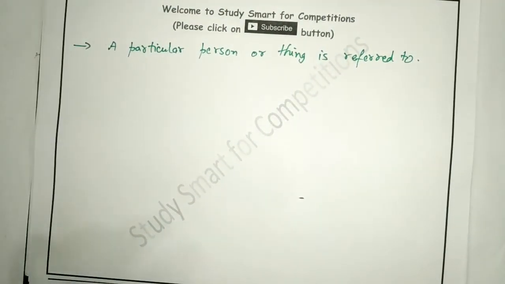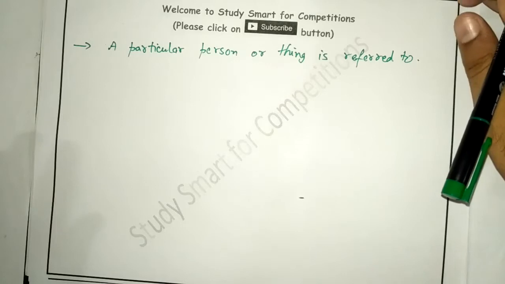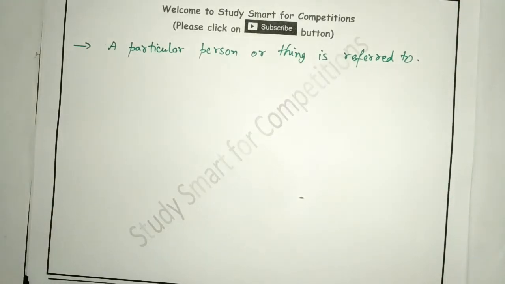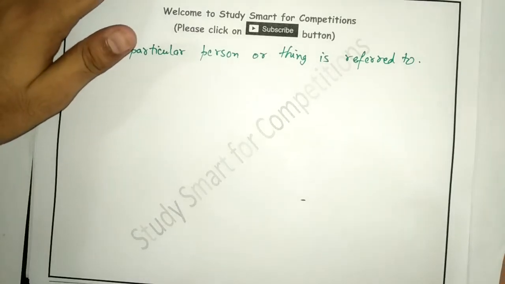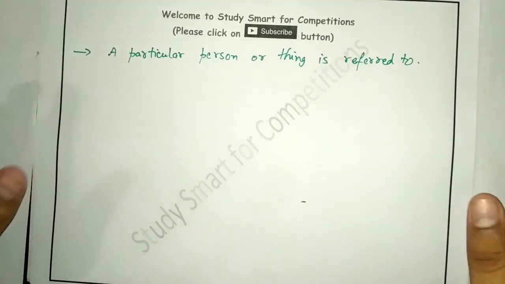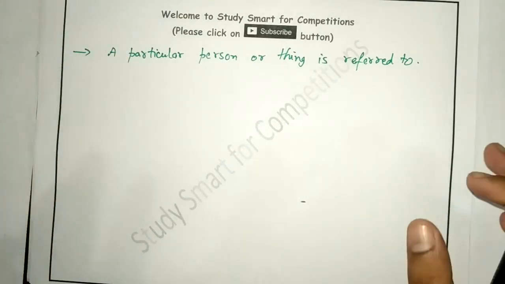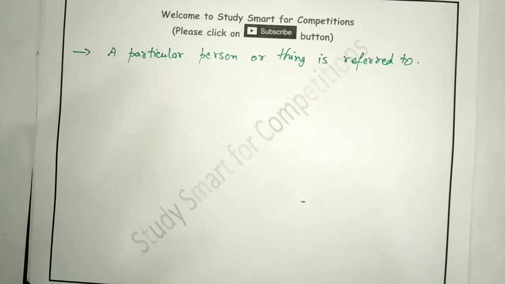So friends, this is the most common type of usage of the. Just concentrate on the video. I would just recite the examples and not write them, because it would be a mere wastage of time. Just be focused and listen to what I am speaking.